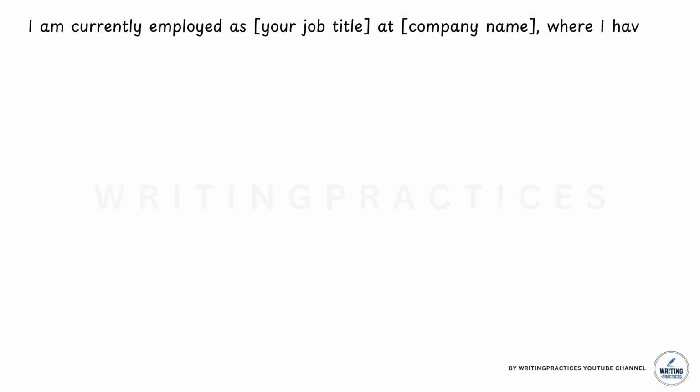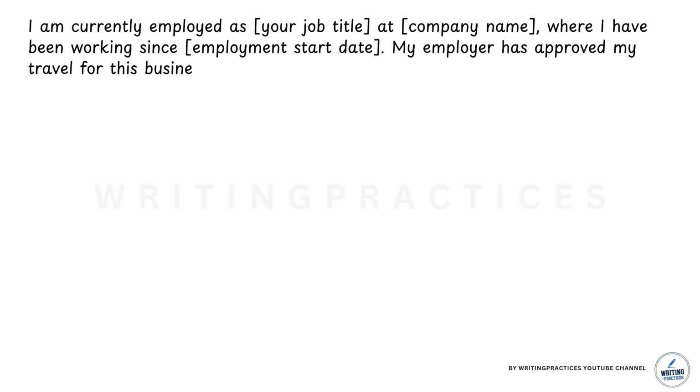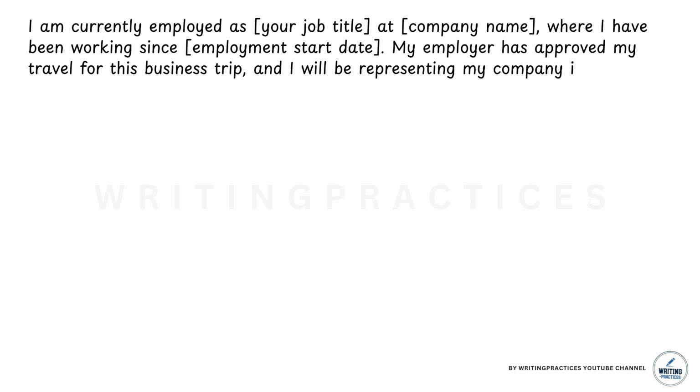Purpose of visit, explaining why you're traveling. The next paragraph should describe the reason for your visit in more detail. You need to explain what kind of business activities you will be involved in and why your presence in the US is necessary. For example, I am currently employed as Senior Project Manager at XYZ Corporation, where I have been working since January 2015.